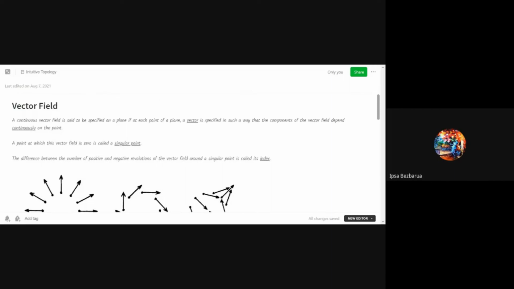You do not want quick jumps happening in the vector field. So that's the way we defined it. And a point at which this vector field is zero is called a singular point.